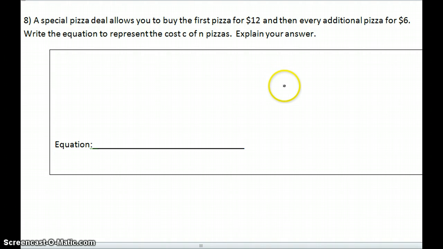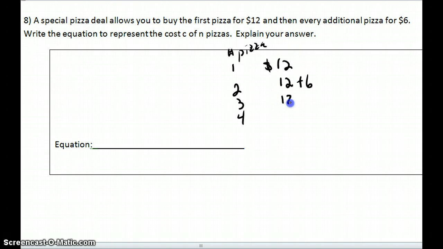The pizza deal. Buy a first pizza for $12, each additional for $6. Okay, so if we bought one pizza, we're going to look at this for different cases. One pizza, we would have $12. Two pizzas, we would have 12 plus our additional 6.